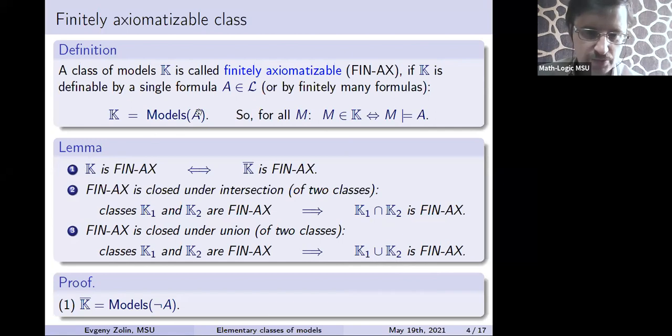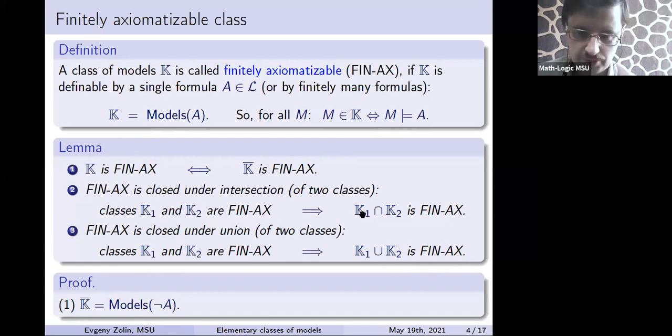If the class K was defined by some formula A, then its complement is, of course, defined by the formula not A. A model satisfies not A if and only if the model does not satisfy A. This is trivial. Where A is a closed formula, a sentence.